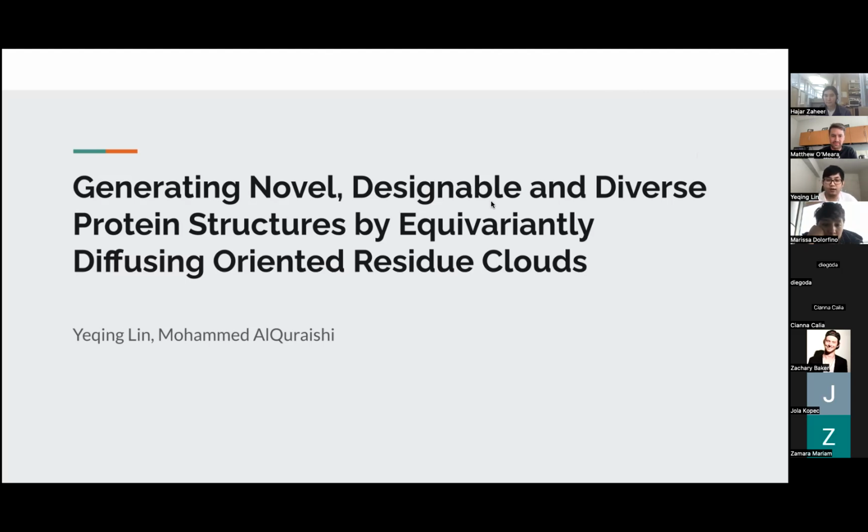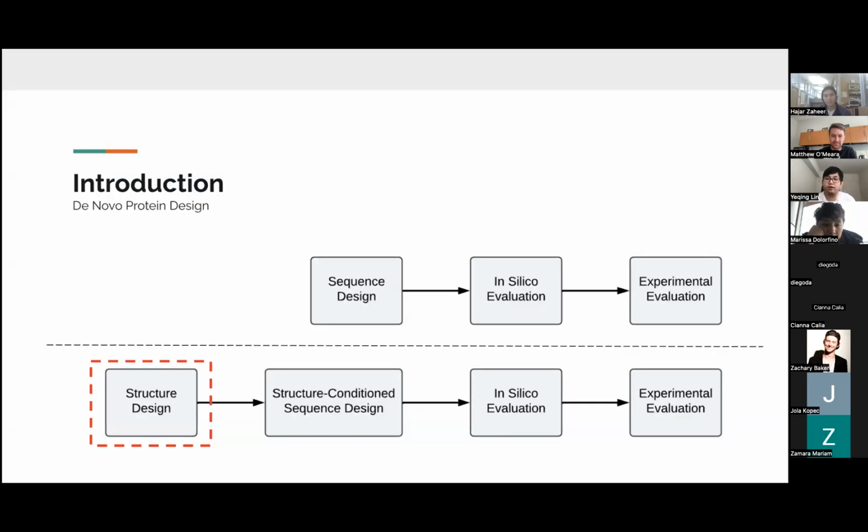Okay, getting into that, I will start by talking about de novo protein design. I think this is a very biology-oriented group, so I don't need to mention the importance of de novo protein design. I will go straight to the two main pipelines that are popular in the design space right now. When you consider a protein, you consider its sequence, its structure, as well as function.